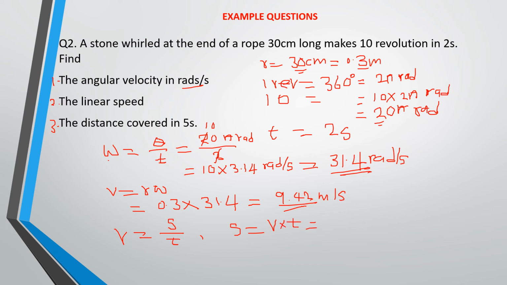So if you substitute the values into this equation, your linear velocity is 9.42 multiplied by the time that is given, which is 5 seconds. So if you do that multiplication with your calculator, you are going to have 47.1 meters as the distance covered in 5 seconds.